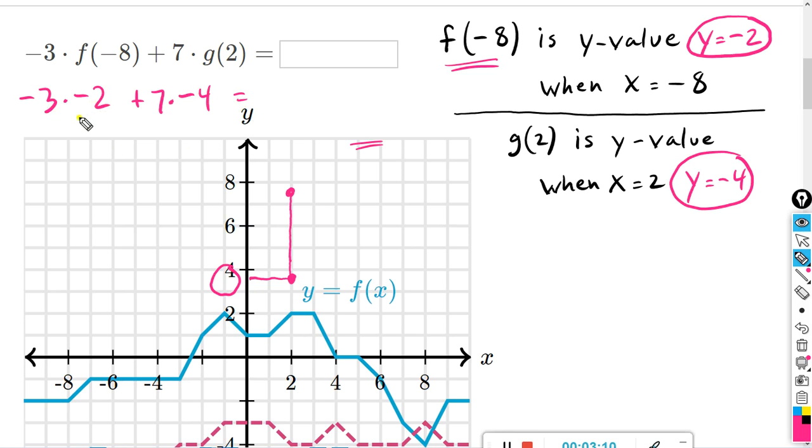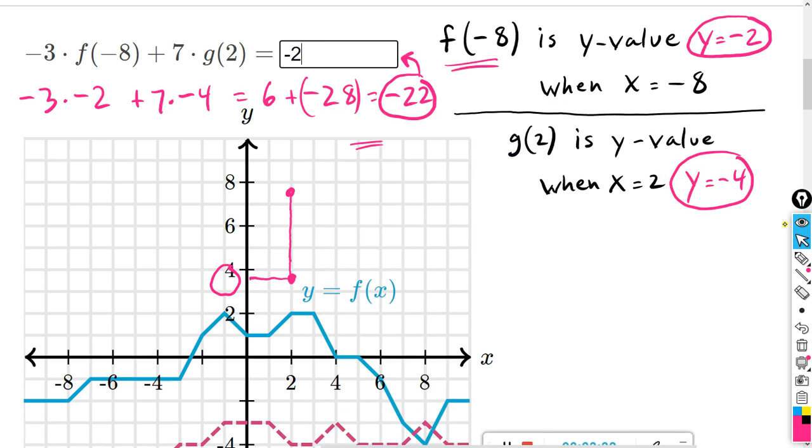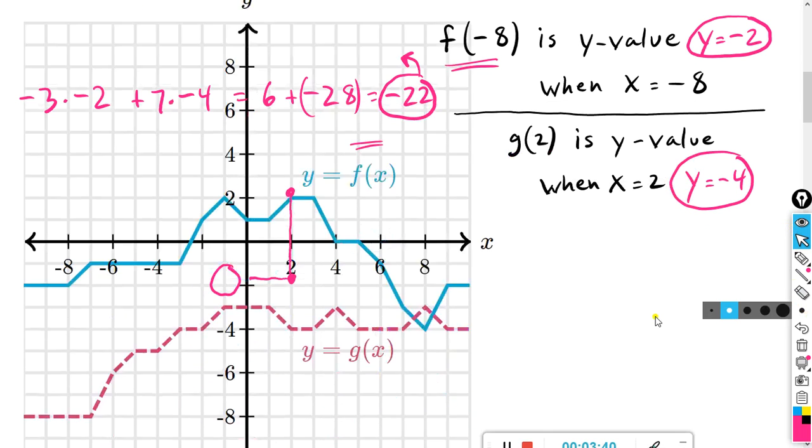Negative times negative is positive, so 3 times 2 is just 6. And plus 7 times -4, that's going to be a -28. So 6 minus 28 is going to be a -22. And you just put that in the box.